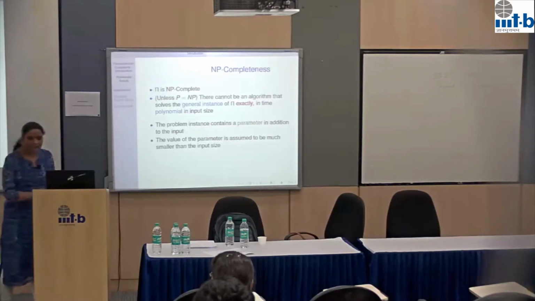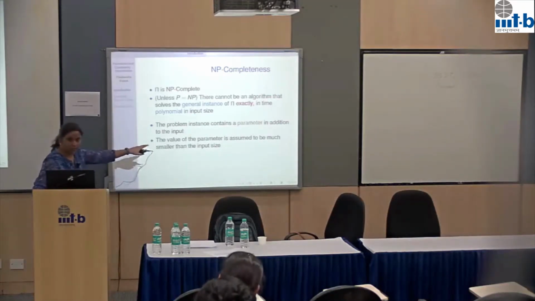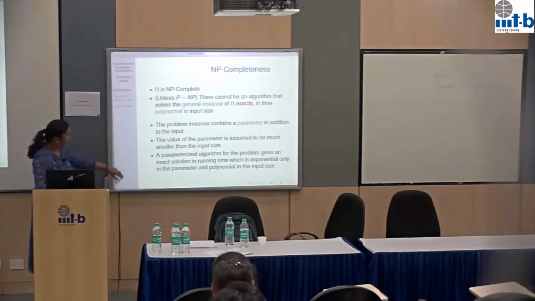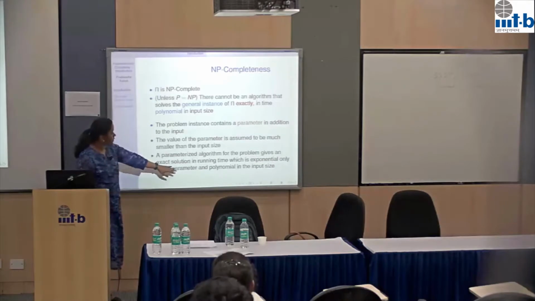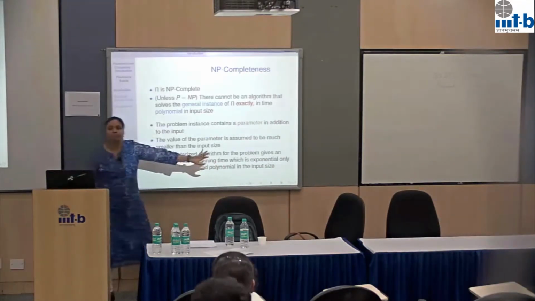And what are you looking for? You're looking for an algorithm which exactly solves this problem instance. But the running time is exponential only in the parameter, but polynomial in the input size.